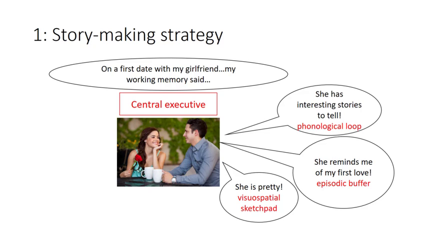Your phonological loop says she has interesting stories to tell, because the phonological loop is responsible for the information you hear from the sound of her speech. Your episodic buffer says, she reminds me of my first love. The episodic buffer connects your new information with your old information to give meaning to the new information to be stored in your long-term memory.